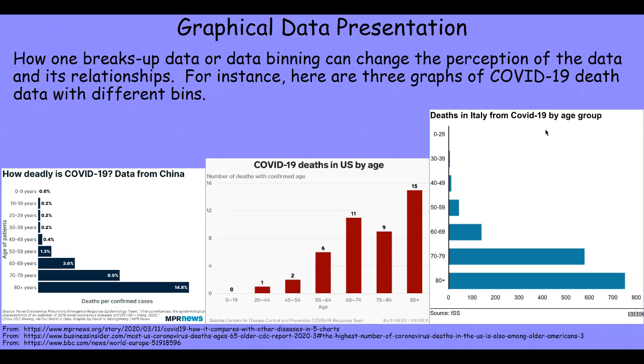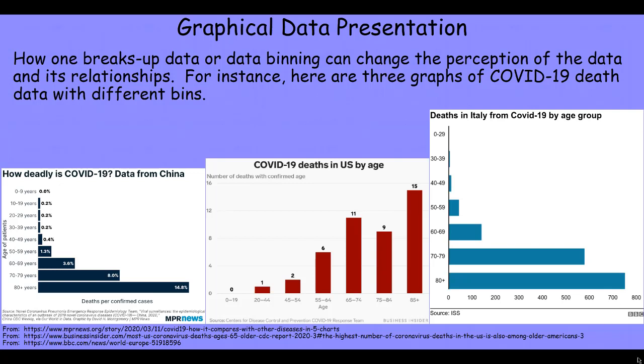Finally, we have deaths in Italy from COVID-19 by age group. Here again, we have some unusual binning. We start off 0 to 29. Then we go to 10-year intervals, approximately. We are given this number here. We can assume that it's numbers of individuals, but we're not really told for sure.